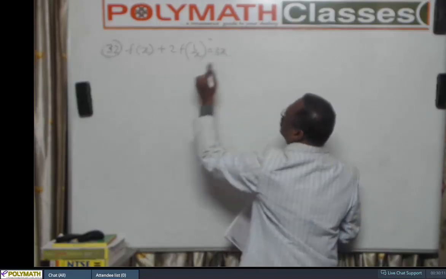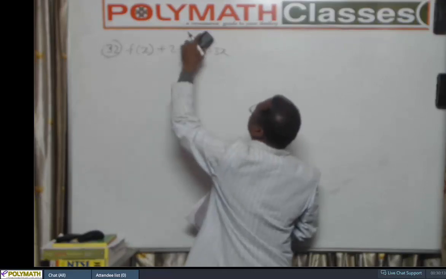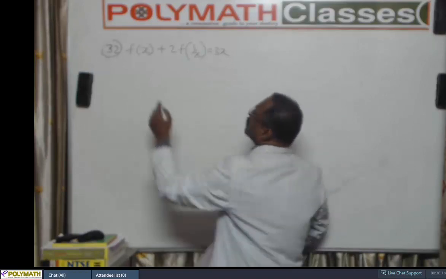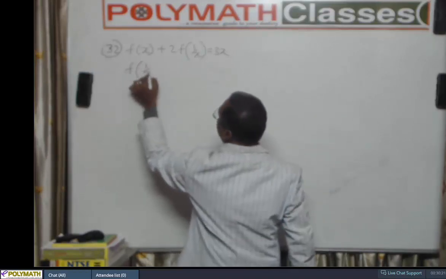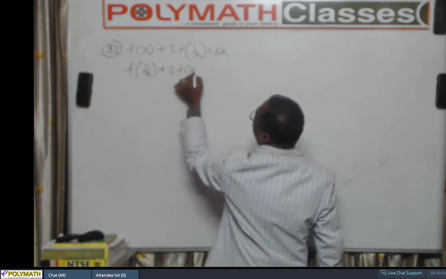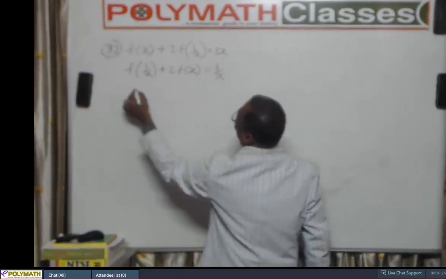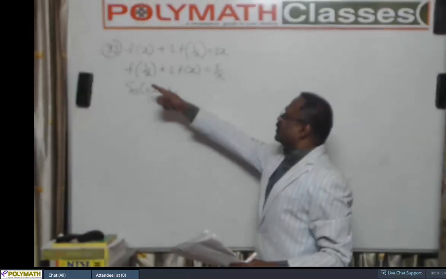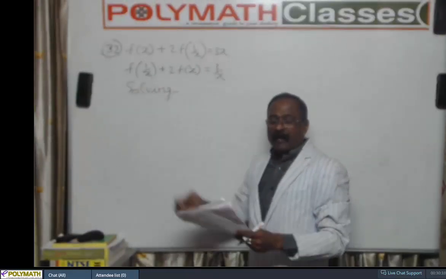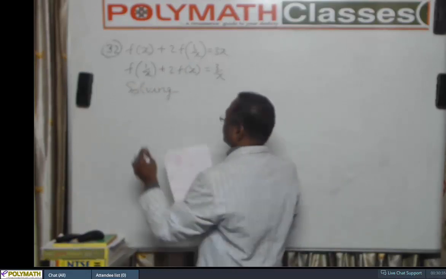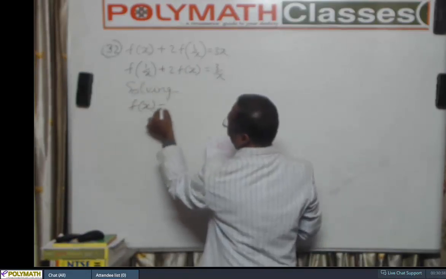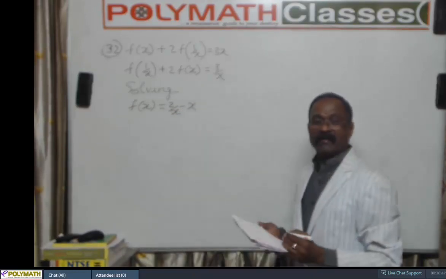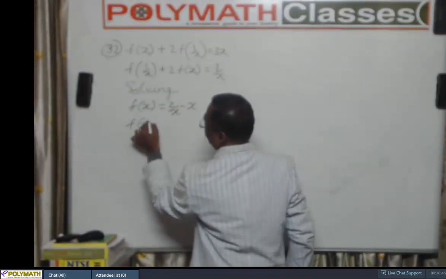Now, most generally to solve this type of equations, replace x with 1 by x. What happens? This becomes f of 1 by x, and this becomes twice f of x, and this becomes 3 by x. Solving this, you know how to solve this. Two linear equations, multiply this with 2 and subtract, and thereby you will get f of x as 2 by x minus x, and f of minus x as minus 2 by x plus x.